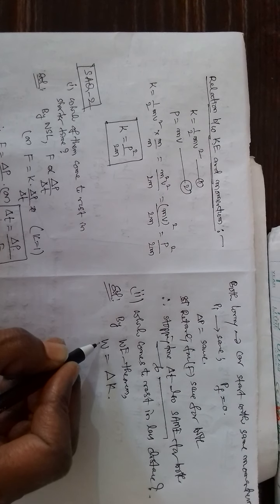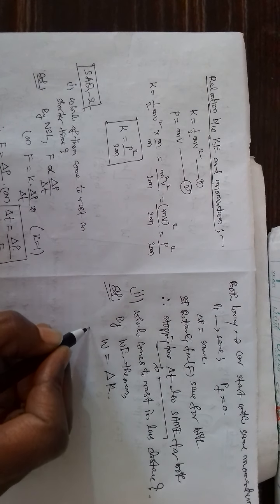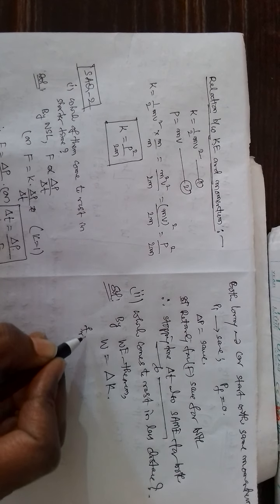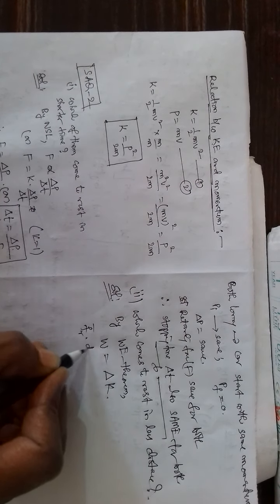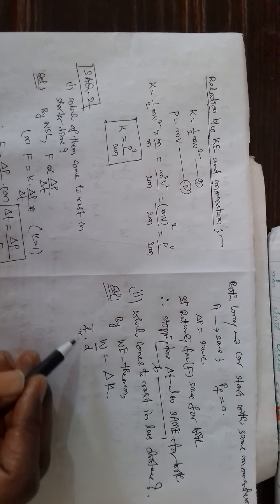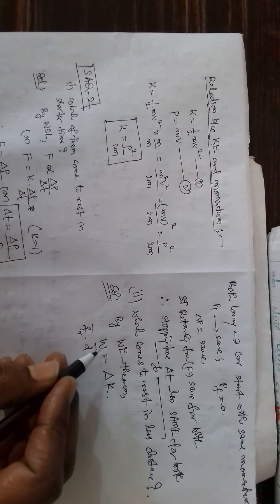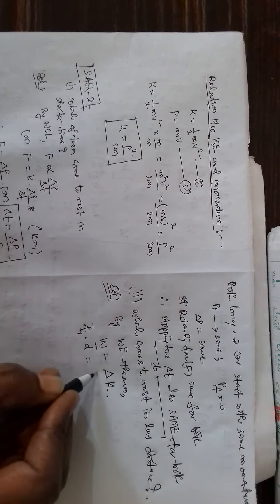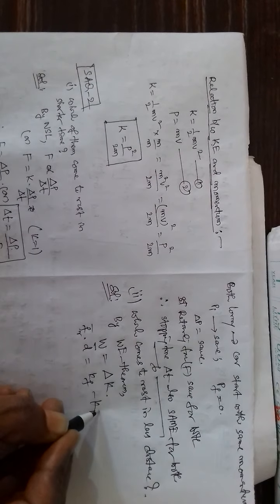Work done here means force dot D, F dot D. Work is defined like this. Change in kinetic energy means Kf minus Ki.